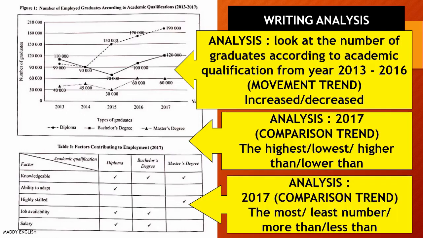As for the analysis for Table 1, the candidate can identify a comparison trend by identifying the number of factors. Which one is the most number, the least number, more than, or less than? Take a look at this example.